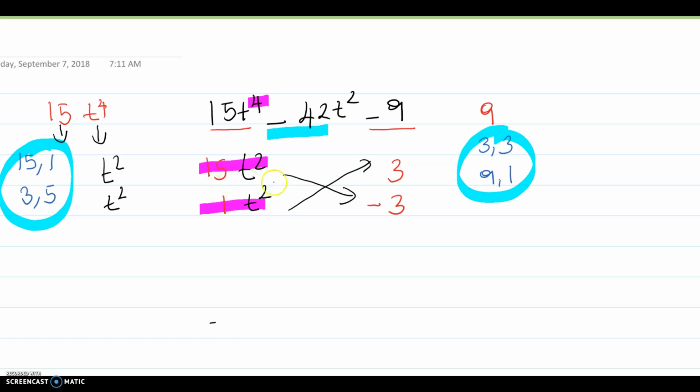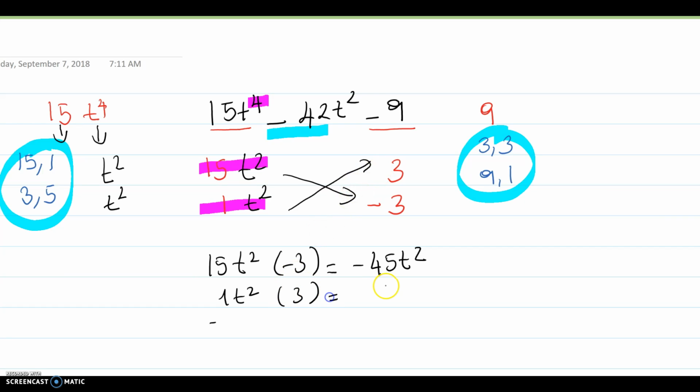So 15t squared times negative 3, that is negative 45t squared. 1t squared times 3, positive 3 this time, is 3t squared. And when I add them, I got negative 42t squared.